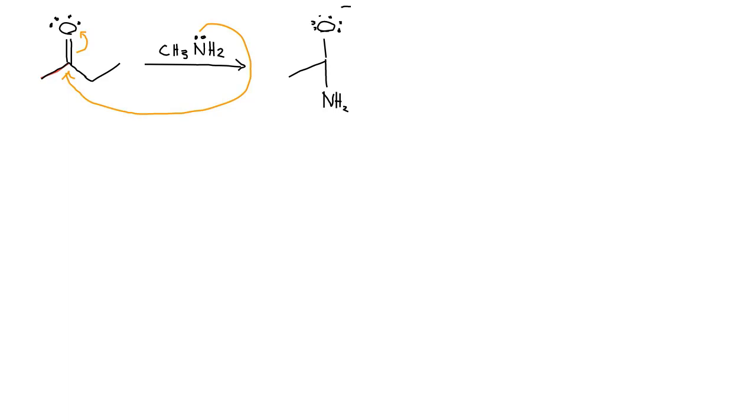And of course, now that this nitrogen has 4 bonds, it's positively charged and therefore somewhat acidic. But there's going to be enough weak acid around, I'm just going to put this as an HA, that this is going to get protonated pretty darn quick.